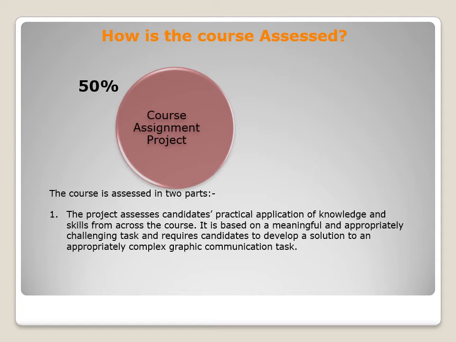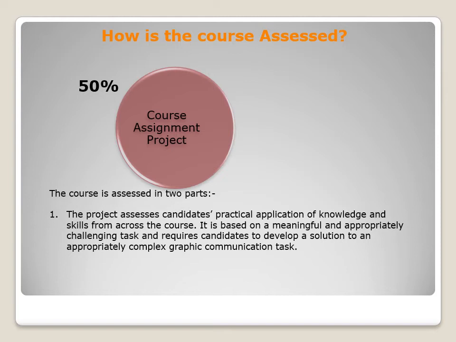It is based on a meaningful and appropriately challenging task and requires candidates to develop a solution to an appropriately complex graphic communication task. Unlike in National 5 and Higher, the SQA will not give you a project to work on. This is where you've actually got to decide upon a project yourself.